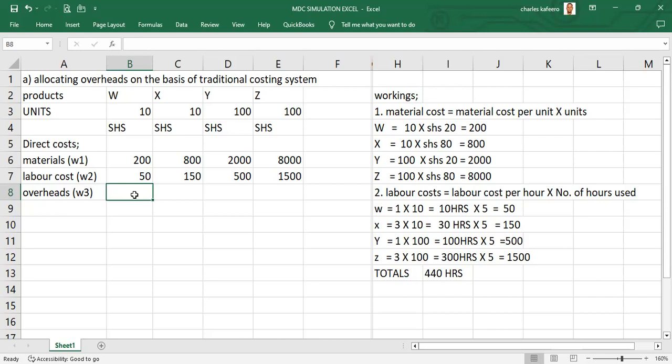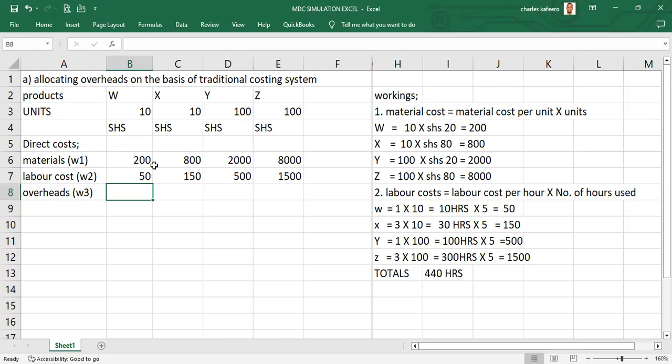But the direct labor hours, sometimes they may just give you these figures, and they have already computed for those figures, but they give you for you to just put it. The only thing will be how to handle the overheads, because we said we are going to put more emphasis on the overheads than the direct costs.